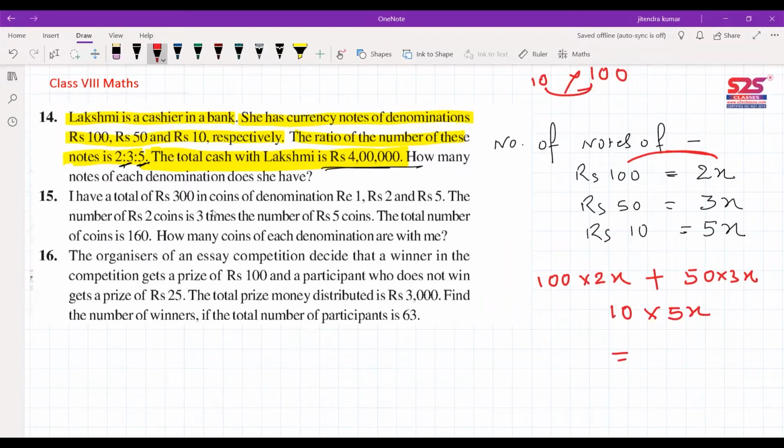After adding all this, this will give us the total amount that Lakshmi has, and that is equal to 4 lakh. So this is our required equation. You just have to solve this equation and find the value of x. Please all of you solve this and give me the value of x.